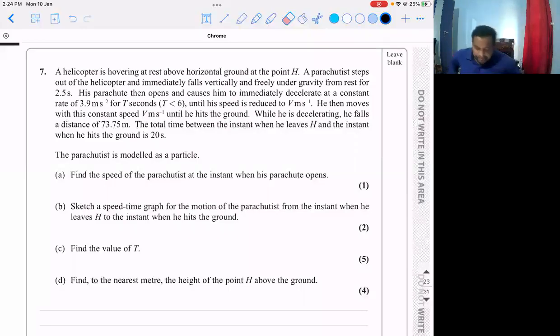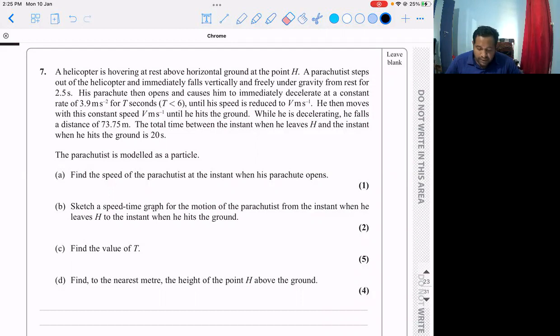So the next question is an interesting question. A helicopter is hovering at rest above horizontal ground at the point H. A parachutist steps out of the helicopter and immediately falls vertically and freely under gravity from rest for 2.5 seconds.